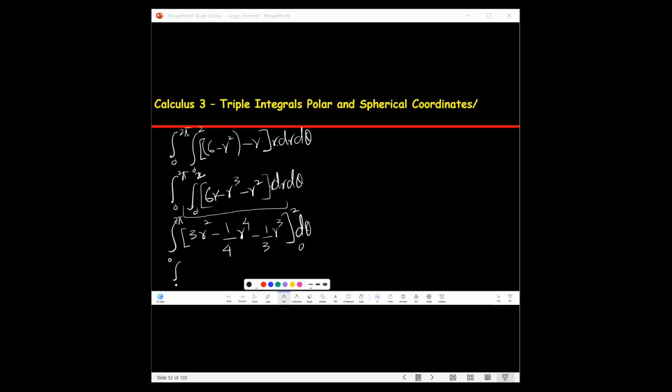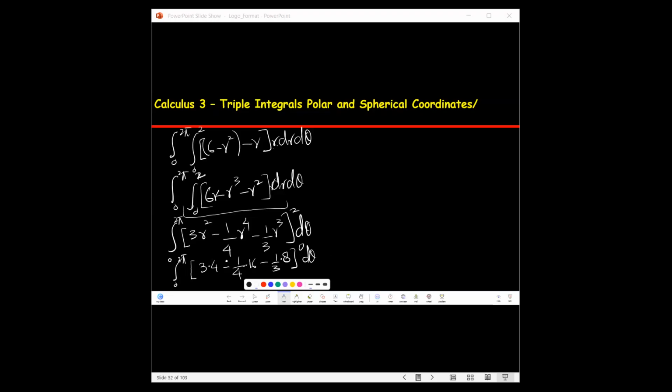It's going to be 0 to 2 pi, then 3 r square times 4, minus 1 over 4 times 16, right? 4 to the power 4 is 16, minus 1 over 3 times the cube, which is 8, d theta.